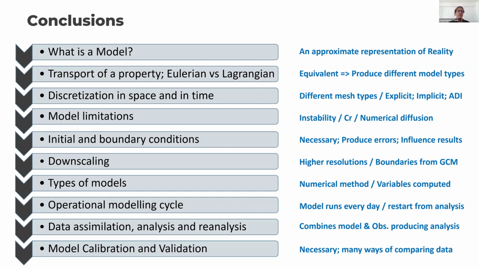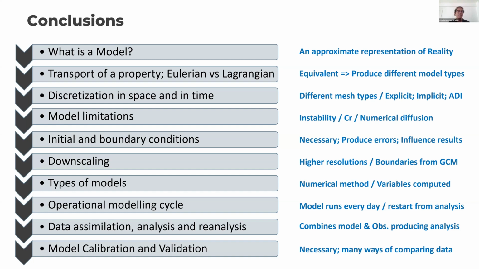We saw how downscaling is done, to produce models with higher resolution using boundaries from global circulation models. We saw different types of models, numerical methods, the variables that are computed. And we saw how an operational model works. It runs every day. It restarts from analysis of data for initial conditions.